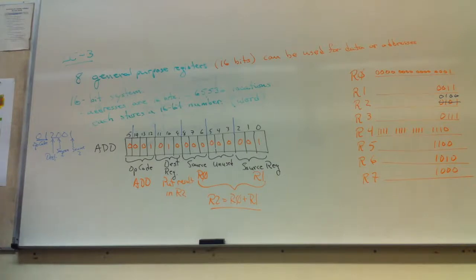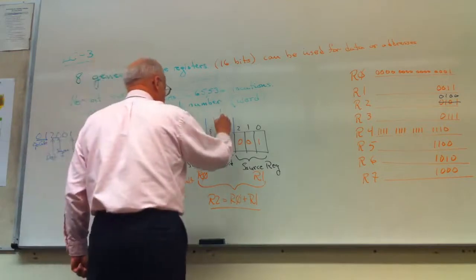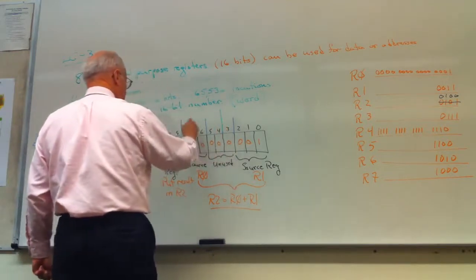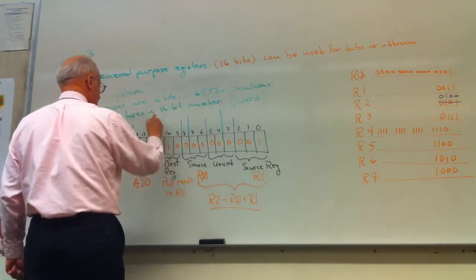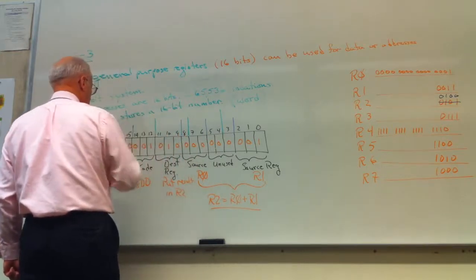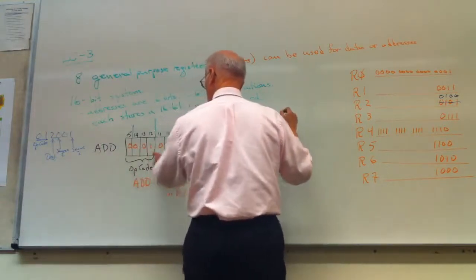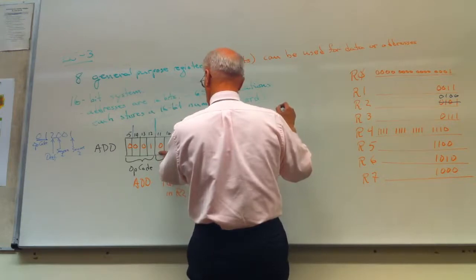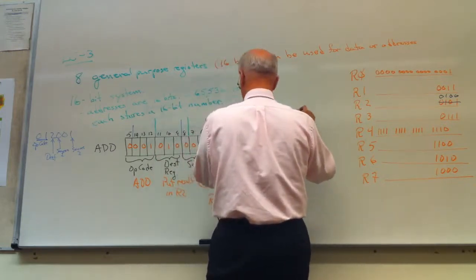Now, on the other hand, if I were to go through and convert it into hexadecimal, I would come up in hex with 1004, 0, 1.